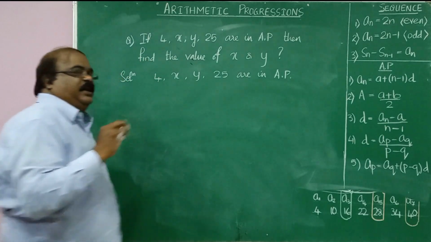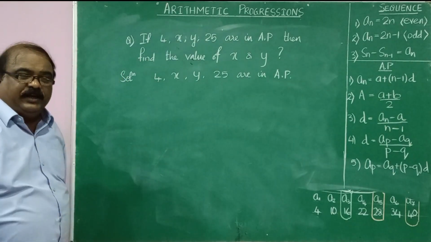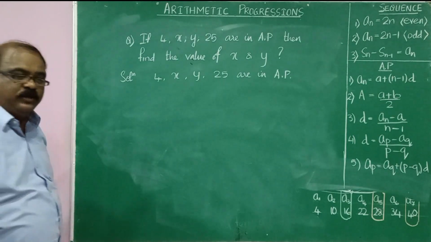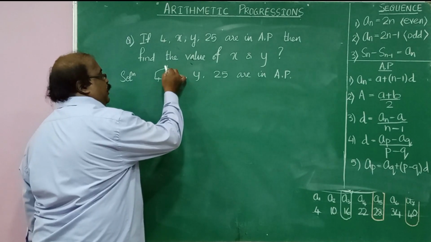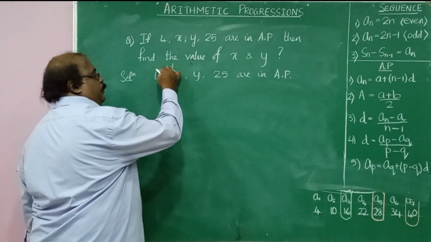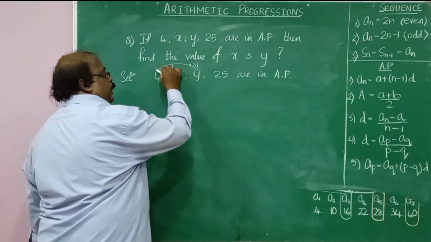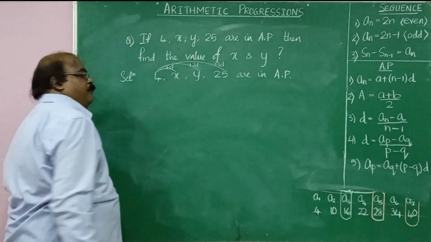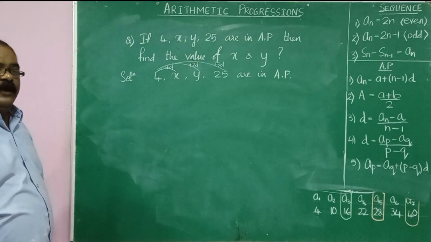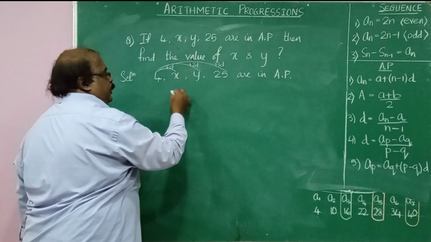Now since you know that this is an arithmetic progression, the difference between any two consecutive terms is a constant. I know the next term I get by adding d. 4 plus 2d will give you y, and 4 plus 3d will give you 25. Am I right? Next term d, after that 2d, after that 3d.